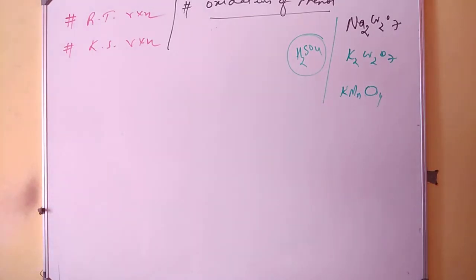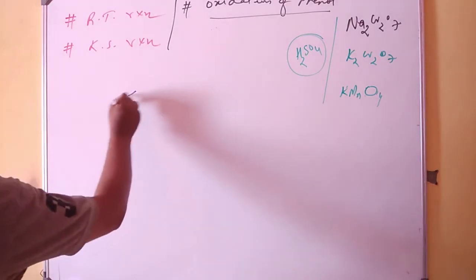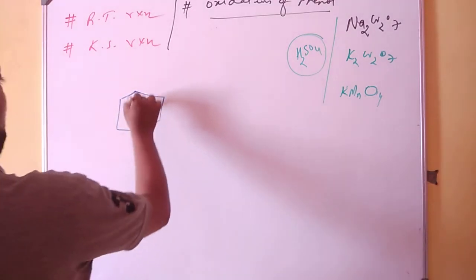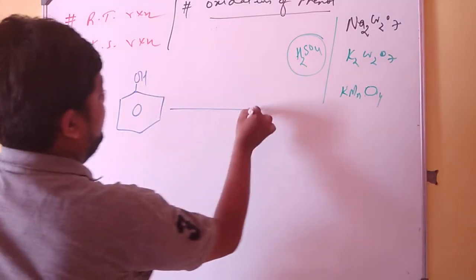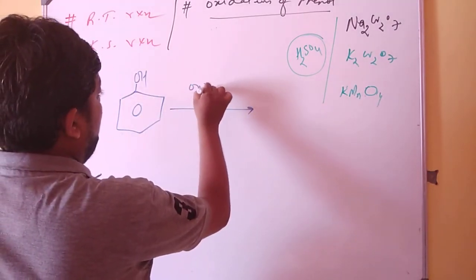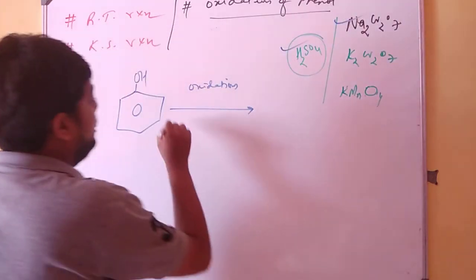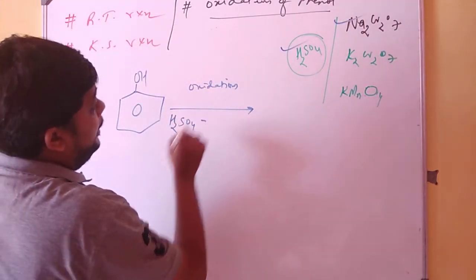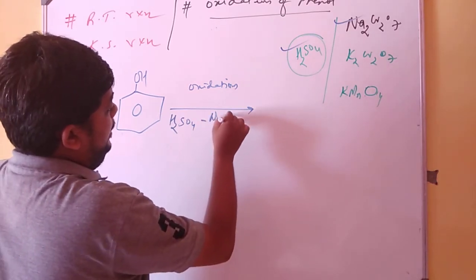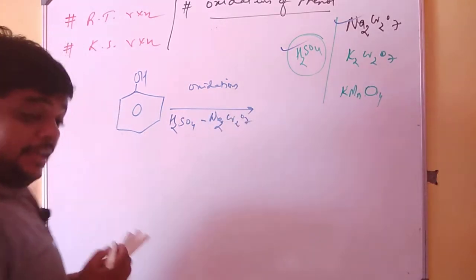Over here, if you check in context, a popular oxidizing agent that is used for the oxidation of phenol is one which can be selected from here. So it is H2SO4 and Na2Cr2O7.